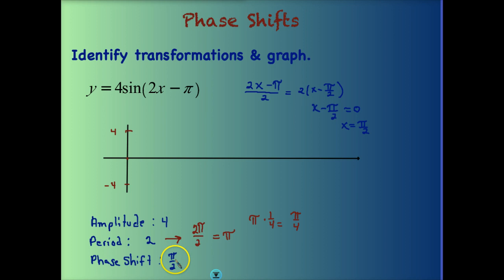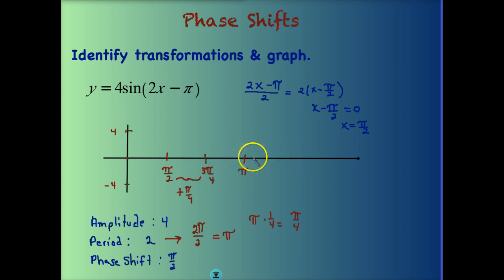So let's go ahead and show that. Our phase shift is positive pi over 2. So that means that we're going to shift to the right, pi over 2, and that is where this curve will start. Then I'm going to add pi over 4 to this value, and that gives me 3 pi over 4. If I add another pi over 4, that's 4 pi over 4, or just pi.